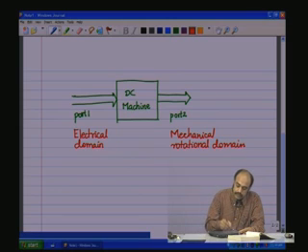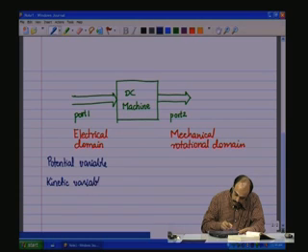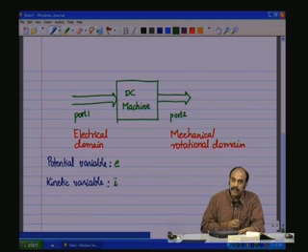This means the potential variable and the kinetic variable on the electrical side are the voltage E and the current I, in volts and amps.